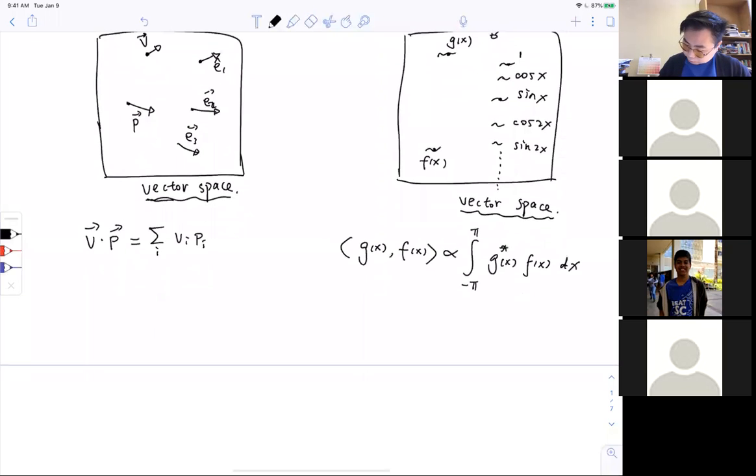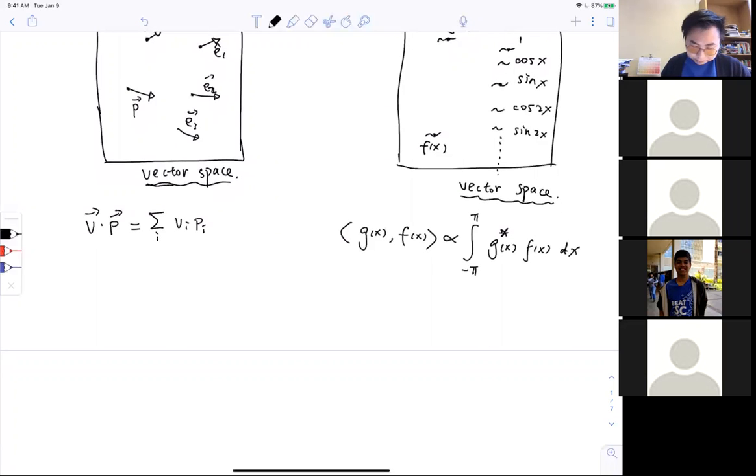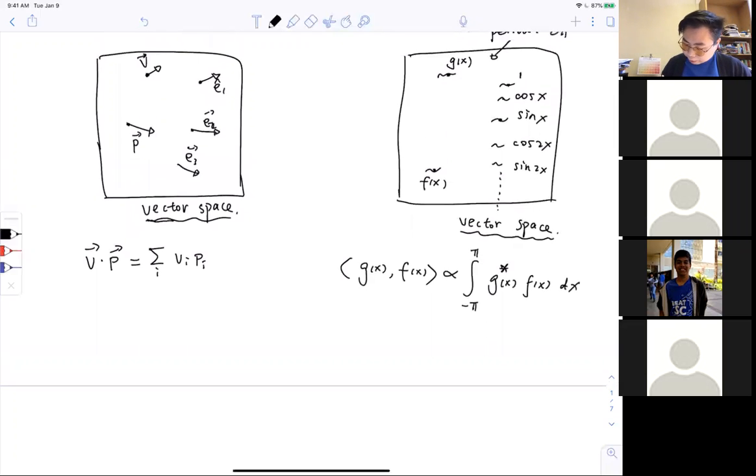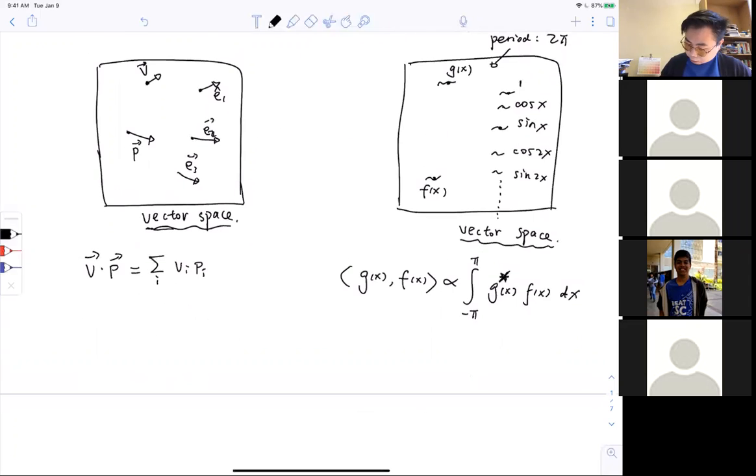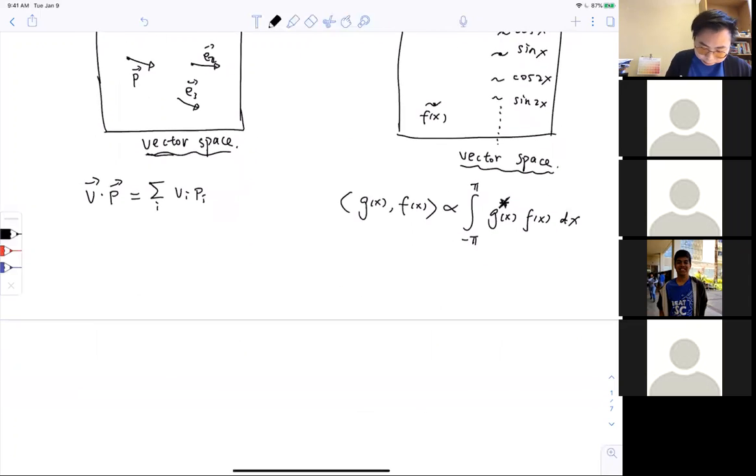And usually the star is a complex conjugate. And of course, if the function is real, it doesn't matter whether there's a complex conjugate or not. If it's a real function, then the complex conjugate gives itself.